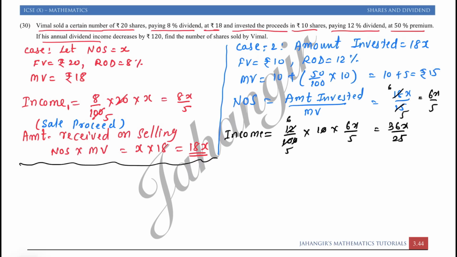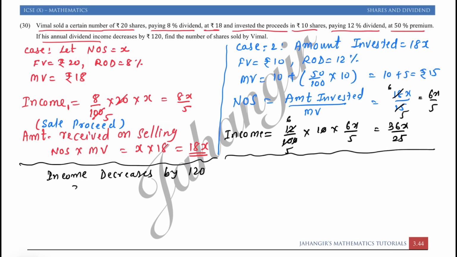Now in the question, what it says is the annual income decreases by 120. So income decreases by 120 means the second case's income is smaller than the first case.